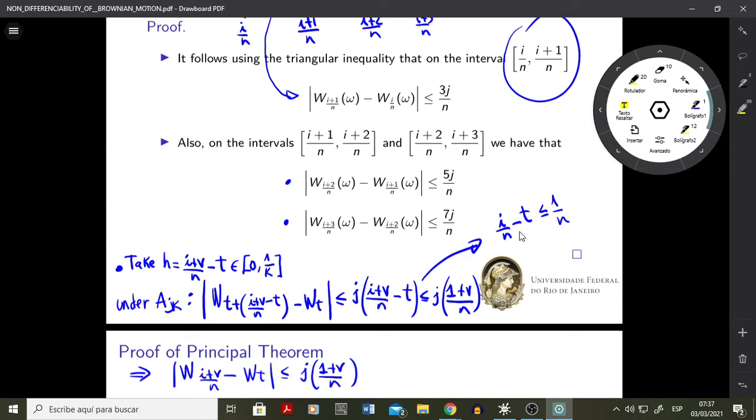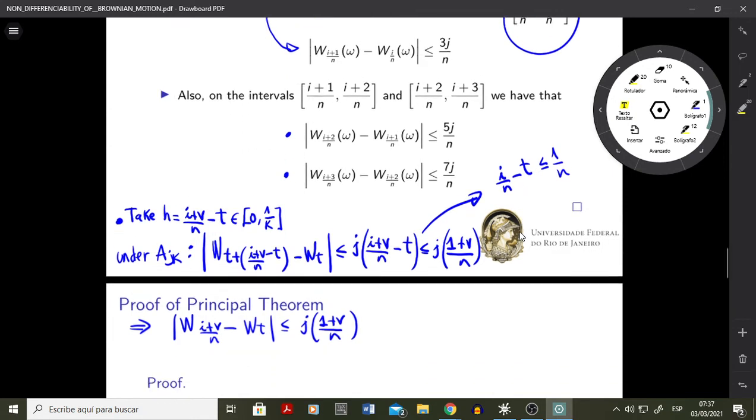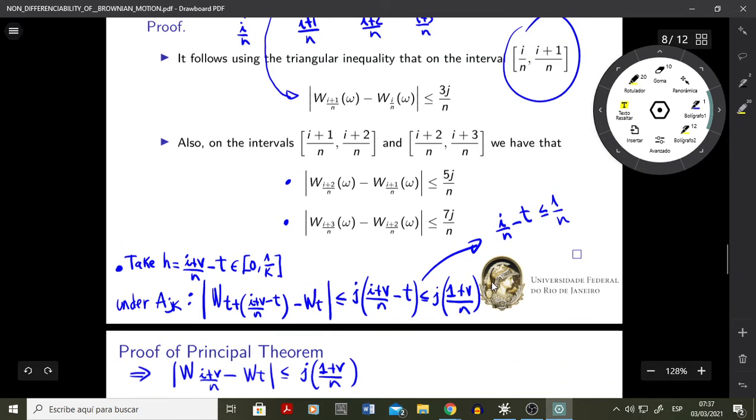Well, and we are done. This bound serves for nu equals 1, 2, and 3, and also for 0. Okay, and we have all these 3 bounds.